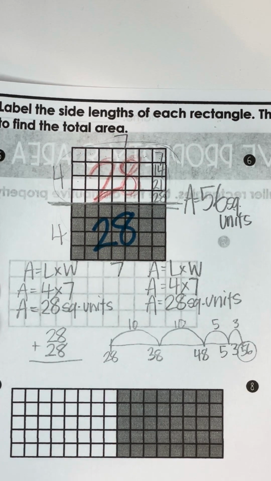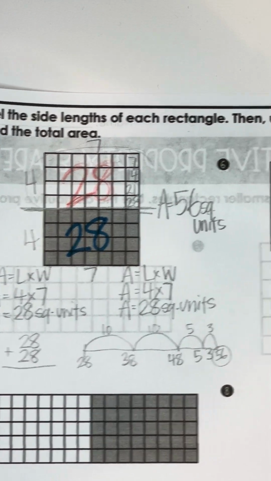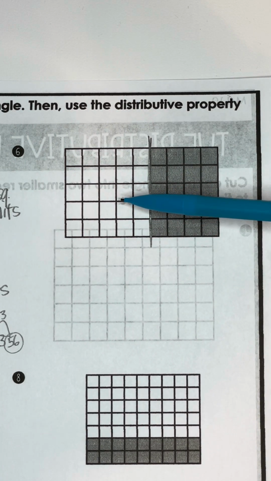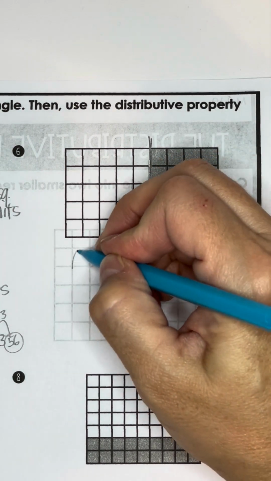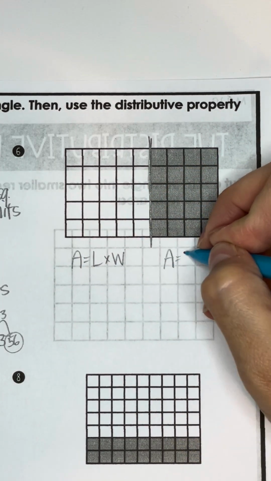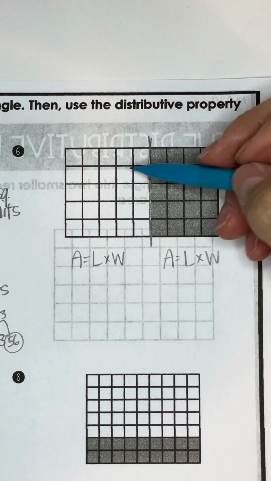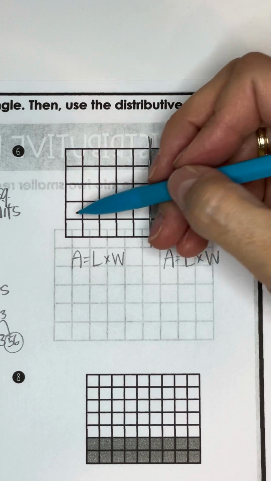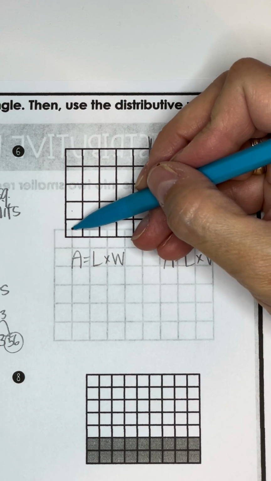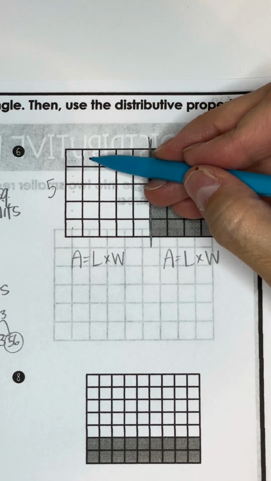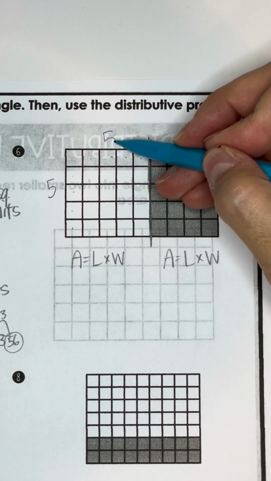Go ahead and pause. Try another one. Try this one. Do it in the same way. I'll start it with you. You're going to have 2 length times widths. 1 for this rectangle and 1 for this rectangle. And you're going to do the side lengths. 1, 2, 3, 4, 5. 1, 2, 3, 4, 5.